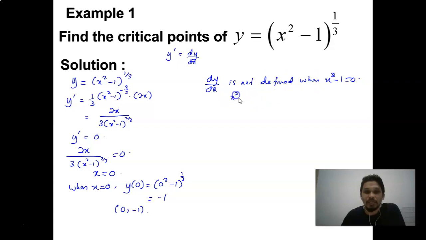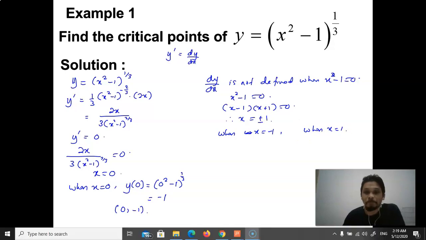From here, x squared minus 1 equals 0, then (x minus 1)(x plus 1) equals 0, so x equals plus or minus 1. So we split it into two parts here: when x equals negative 1 and when x equals 1.